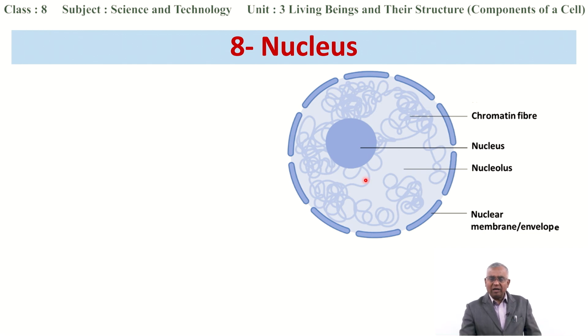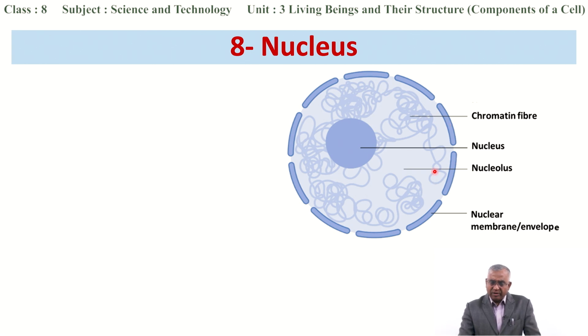Generally they are found single in each cell and it is made of four major parts. The covering, which separates the sap inside the nucleus from outside the nucleus, is called the nuclear membrane or sometimes the nuclear envelope. Okay. Today we will just identify the different parts. About function we will not discuss.